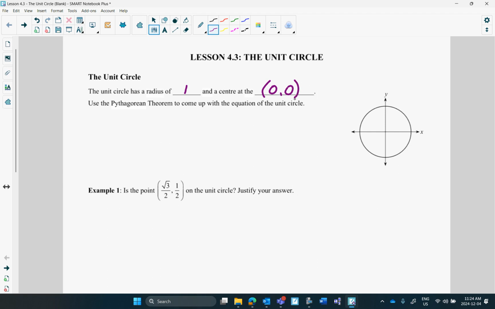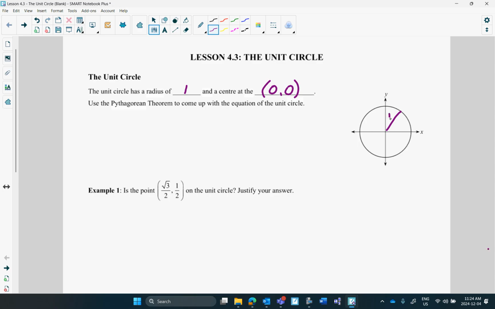What we can do is put right triangles inside the unit circle so that they touch the outside of the circle. If I want to put a right triangle in here, that's the hypotenuse I'm going to draw, from the center to any point on the circle.